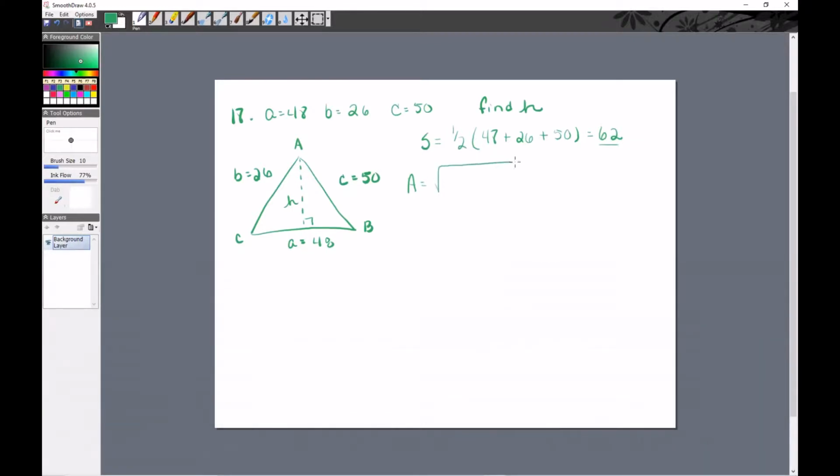It's just going to be the square root of that value for S, 62, times the quantity 62 minus 48, times the quantity 62 minus 26, times the quantity 62 minus 50, okay? And take the square root of all of that, and you should get that the area is 612.3528.